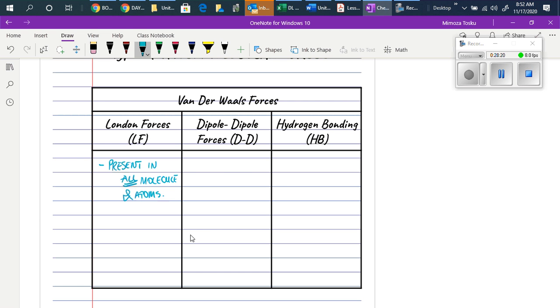Everything that has an electron experiences London forces. Those are the weakest ones. It is the weakest force in the group of forces, and it's created as a result of temporary uneven distribution of electrons.